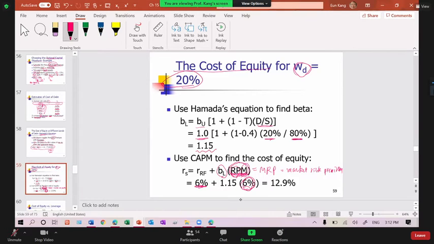If I give you RM, then instead of RPM, you use RM minus RF, right? Be careful, okay? RM minus RF. But RPM is given, pretty easy. Just plug in here, 6%. Then cost of equity, 12.9%.